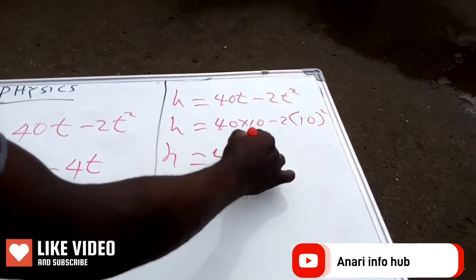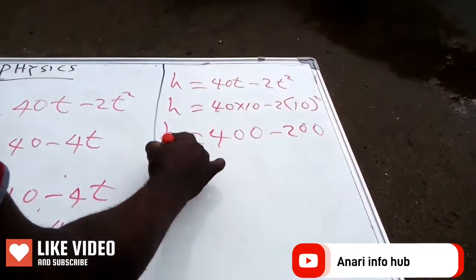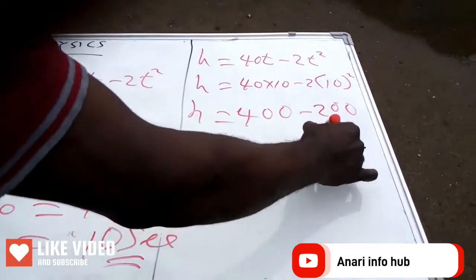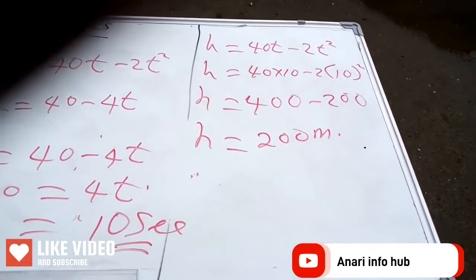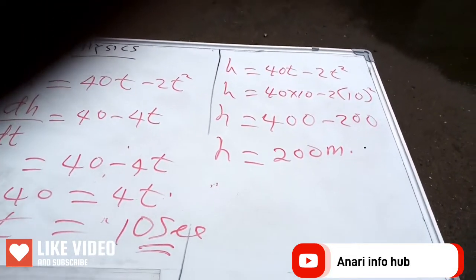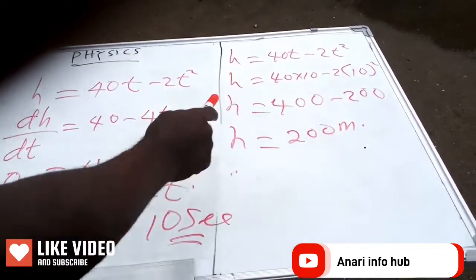This is 400 minus 200, so h is equal to 200 meters. So the greatest height that will be reached is 200 meters.